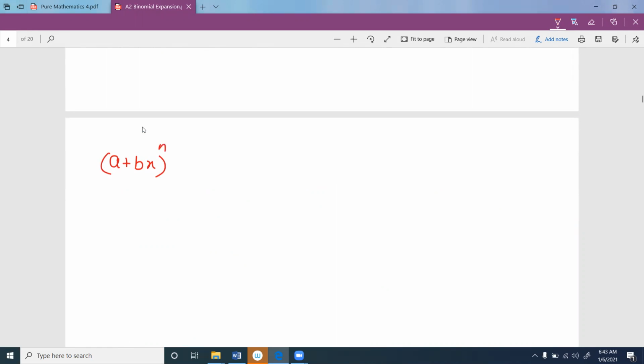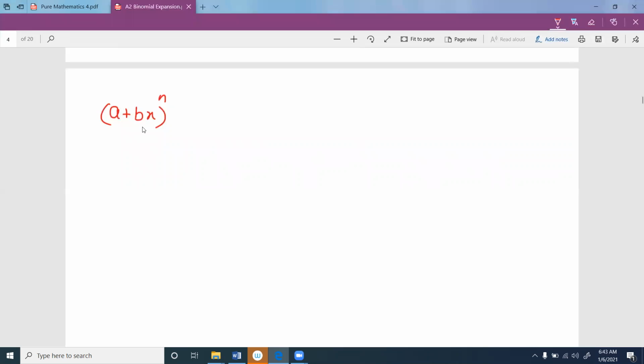Let's try to discuss this from a single example itself. That would be convenient for you to understand the situation. For example, if you want to expand 4 plus 3x to the power half. This is pretty simple.